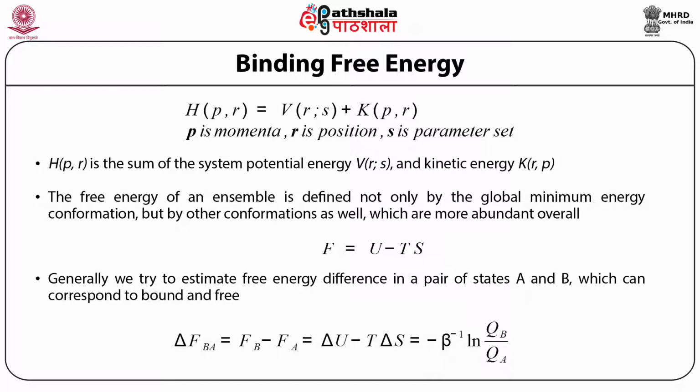However, it is the ratio between the available systems in Q, that is Q_B is the ensemble or the partition function of all the ensemble in state B, and Q_A is state A. So this is the binding free energy expression.